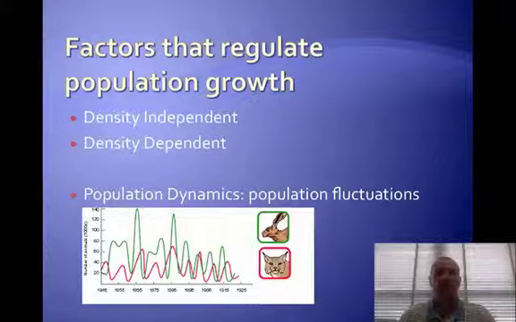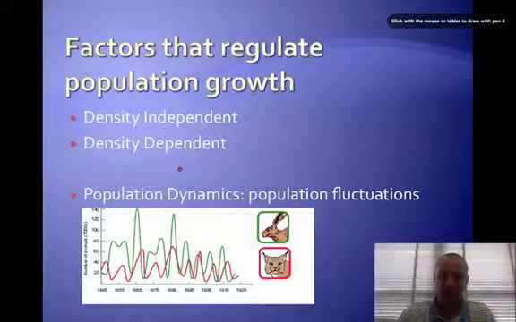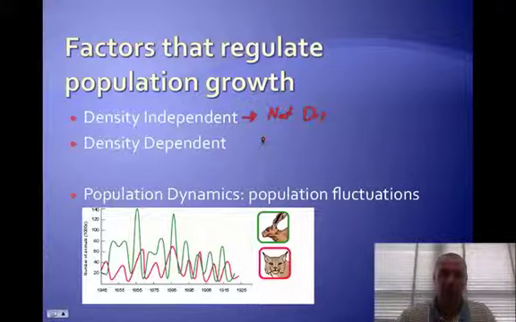Density independent factors would be things like hurricanes, natural disasters, things like that. A density dependent factor would be disease. So make sure you get that. Natural disasters are density independent. Disease is density dependent.